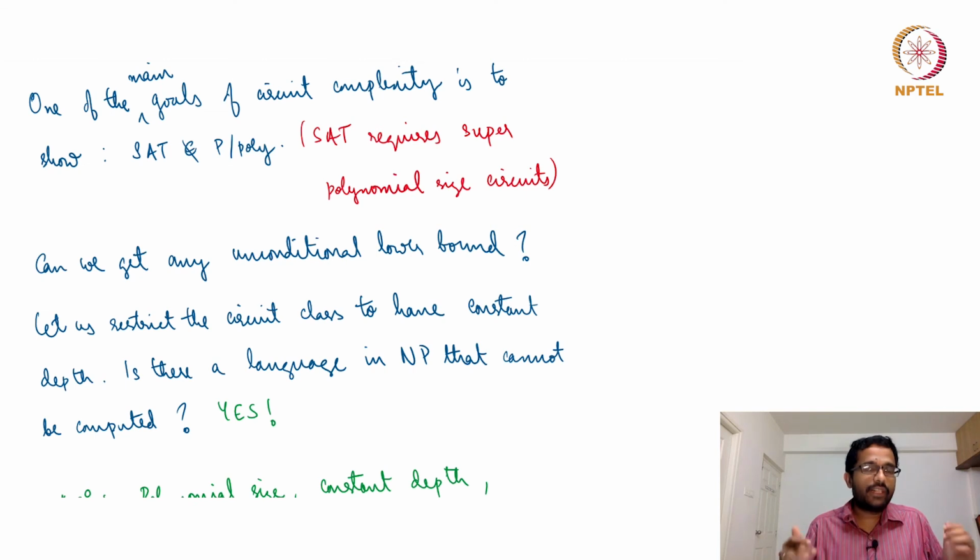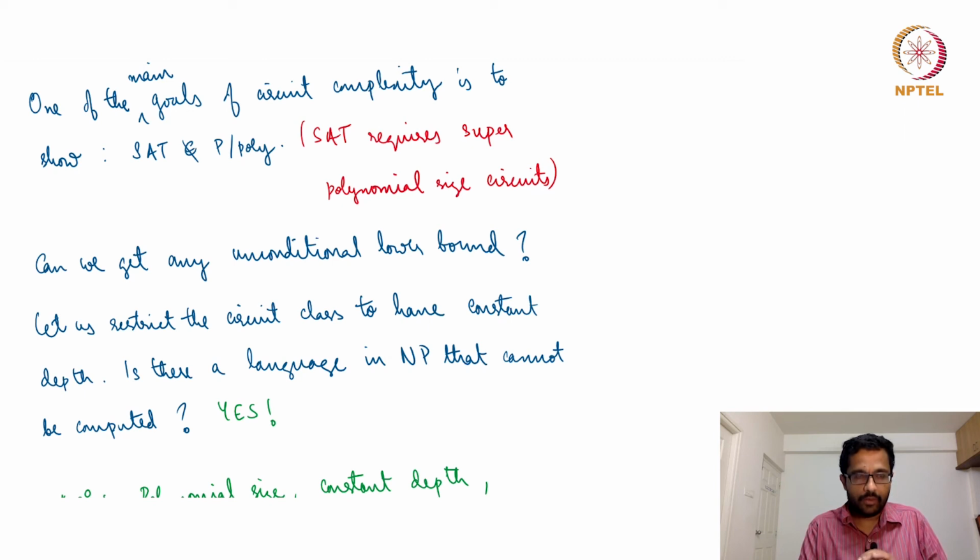So like I said, we don't have any results stating that SAT is not in polynomial size. So now, in the hope to get something, let us try to restrict the class of circuits even more. Is there a language in NP that is not in a restricted class of circuits?